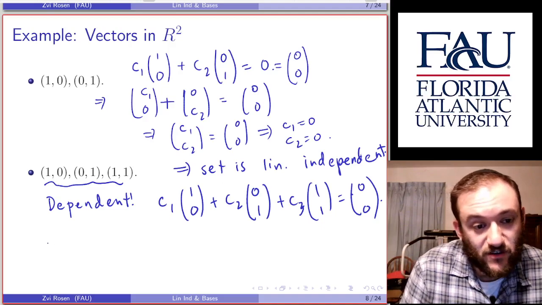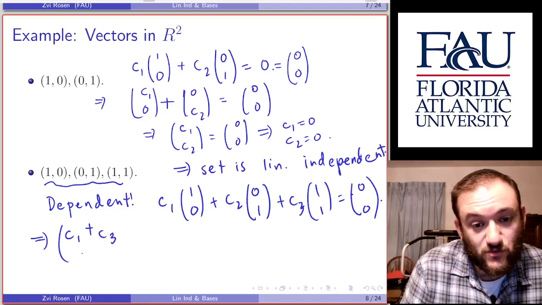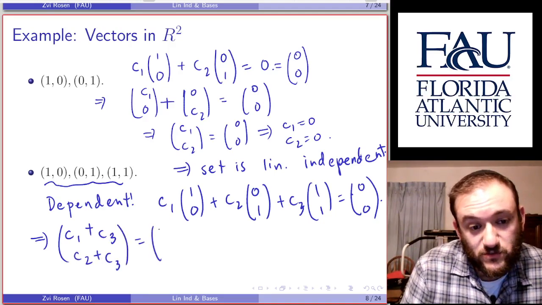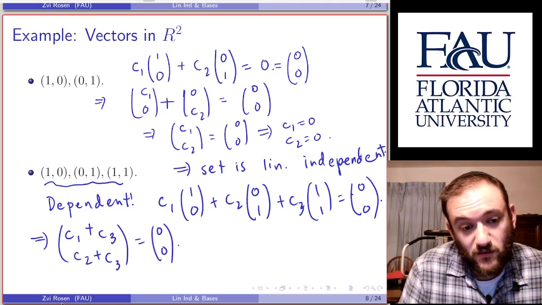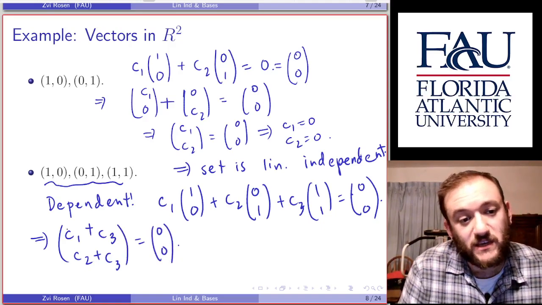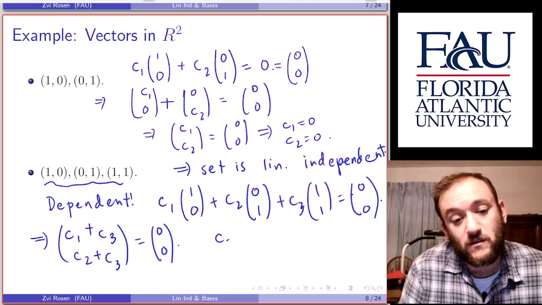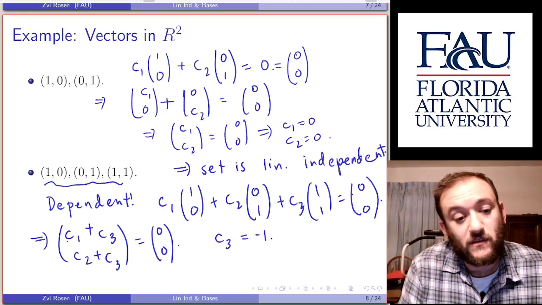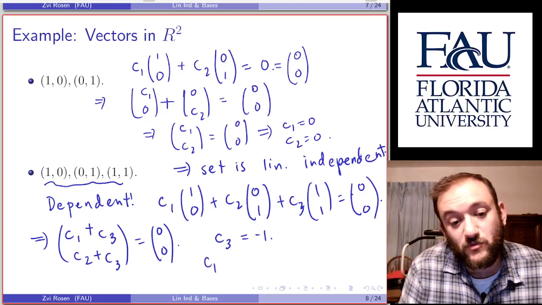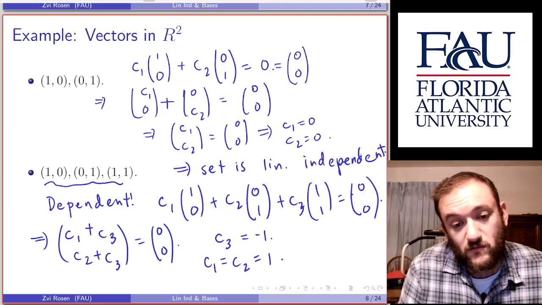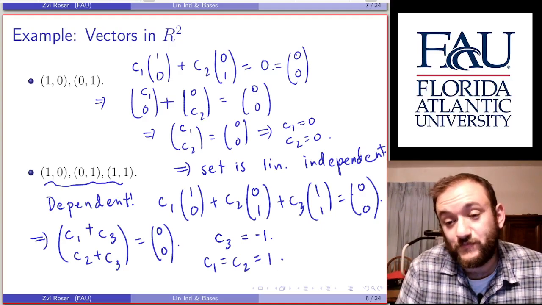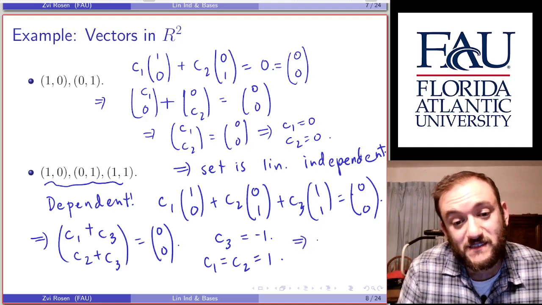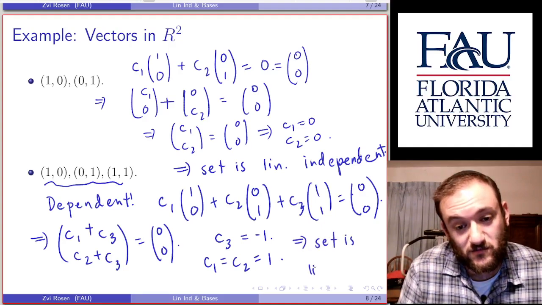So putting this all together, what this would mean is that c1 plus c3 in the first coordinate and c2 plus c3 are equal to (0, 0). And this is not bad, because if we set c3 to be minus 1, then c1 and c2, we can set them both to be 1, and this equation is satisfied. So that implies that the set is linearly dependent.